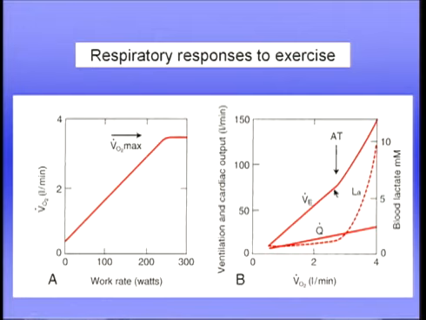But at a certain level of exercise, the ventilation tends to increase more rapidly. And sometimes there's a break point there, and it's sometimes called the anaerobic threshold, although that's a controversial term, and a more politically acceptable term now is the ventilation threshold.